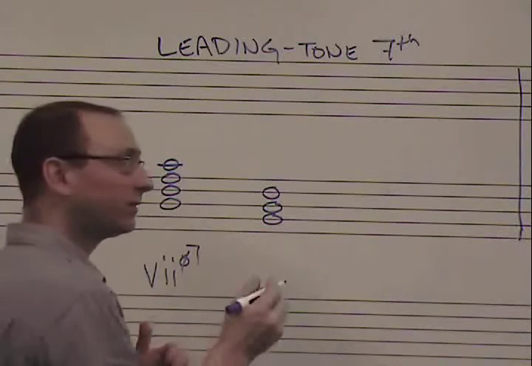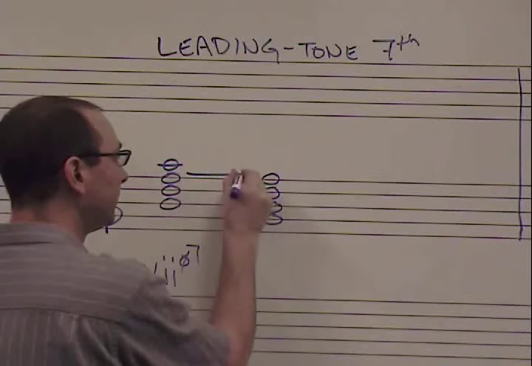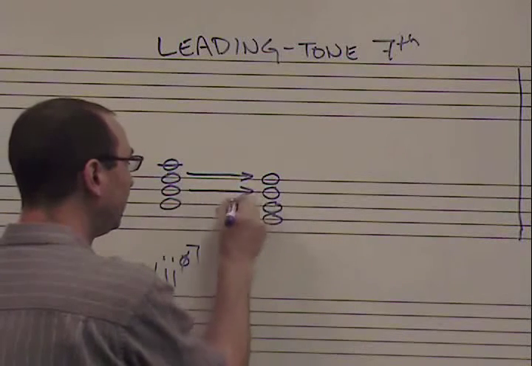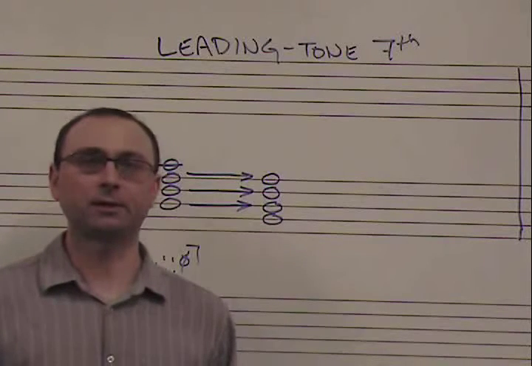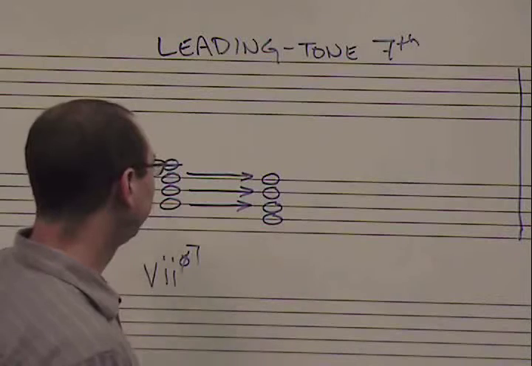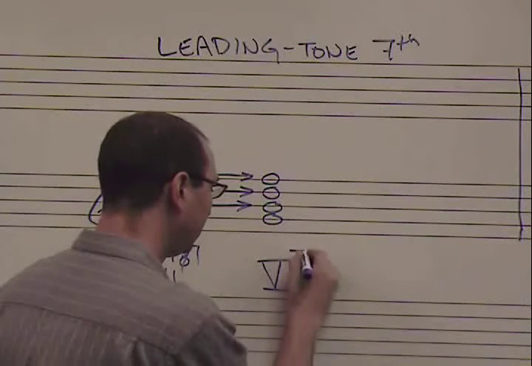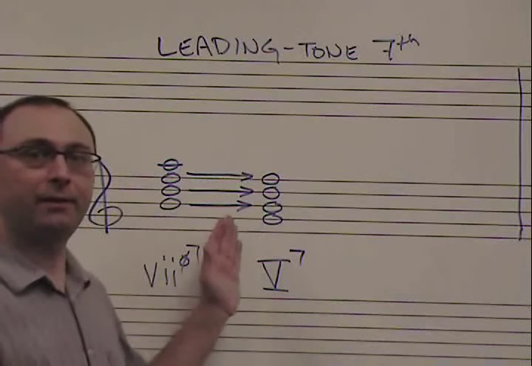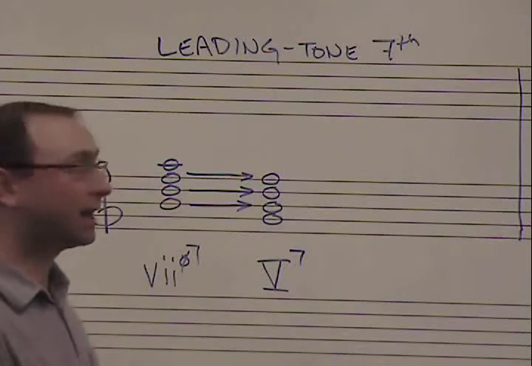When we add the 7th factor, now there are 3 common tones. Three common tones. Both chords are 7th chords. Okay, so you can see that the dominant and the leading tone chord have all these notes in common.